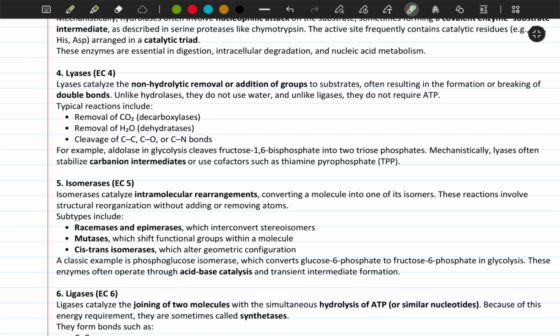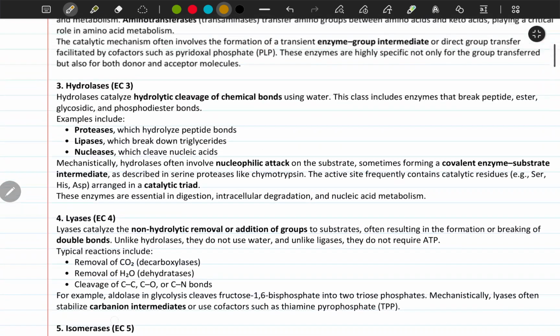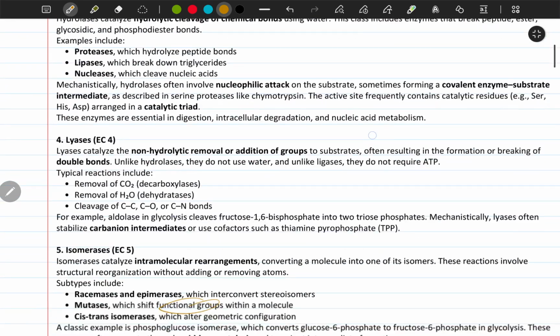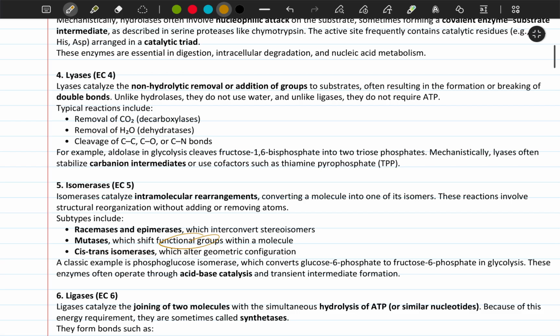So okay, here is a functional group and here is also a functional group. But in this case the functional group is coming from another molecule, and in this case the functional group is from within a molecule. Cis-trans isomerases, we all know cis-trans, right?